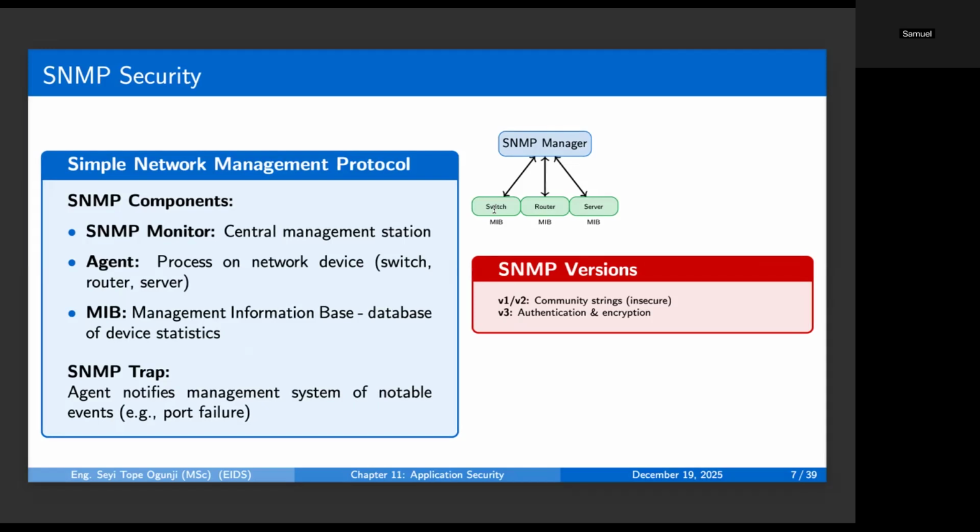But version 3 is security hardened. It has real authentication that proves who is accessing what, and encryption is also integrated with version 3. So that's it about SNMP, the Simple Network Management Protocol.